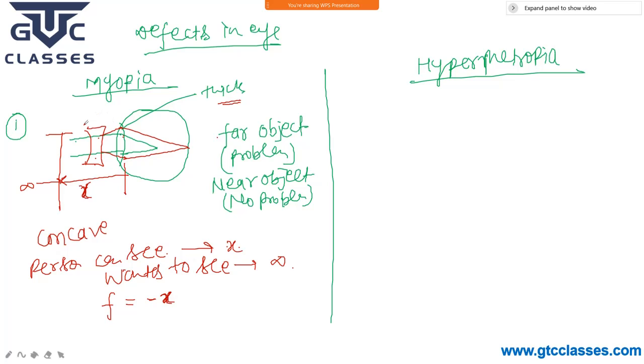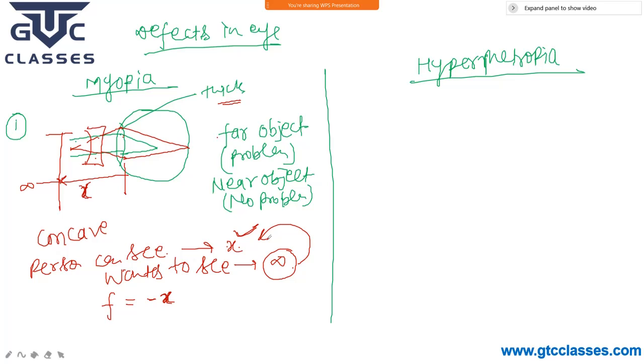So what will happen? Whatever image the concave lens forms will form exactly at x distance, from where we can easily see. Our main purpose is that you put a lens which creates the image of infinity at x. Because from x we can clearly see, we don't have any issue.